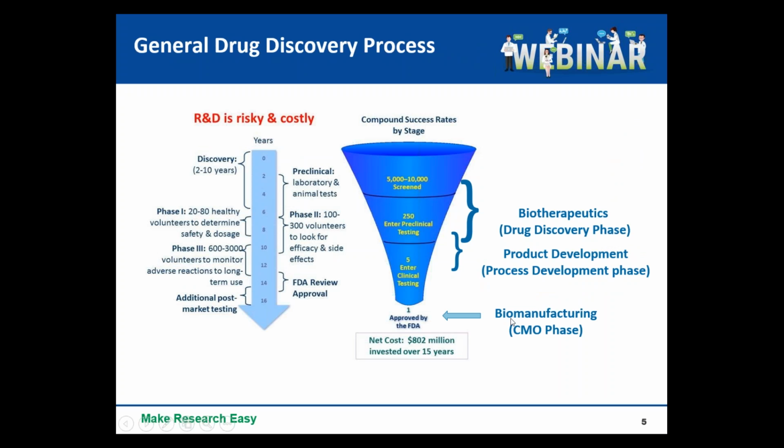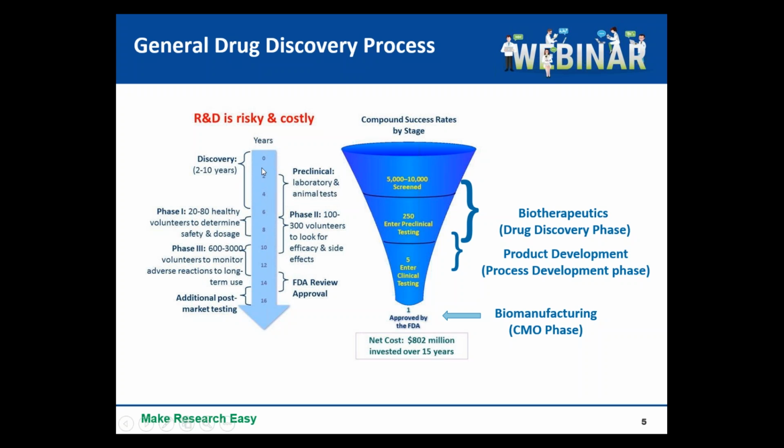So with that outlook, we know that the general R&D, the drug discovery process, is risky and costly. To say it very simplistically, the entire R&D process is a process of de-risking and optimization. The arrow on the left-hand side is a very generic scheme for R&D.